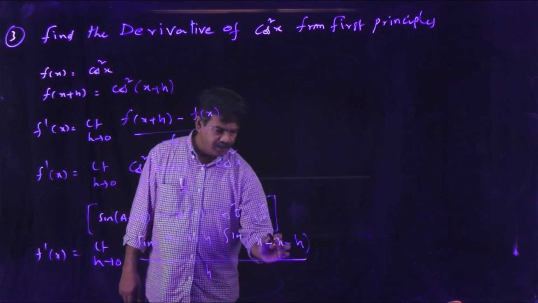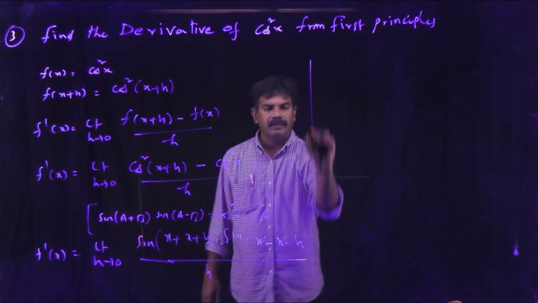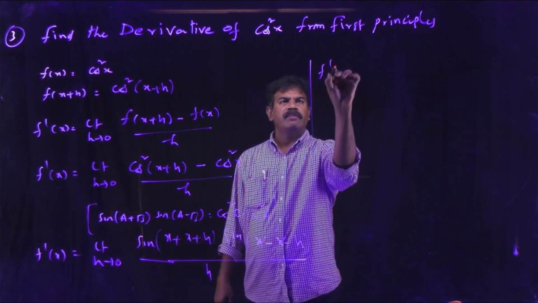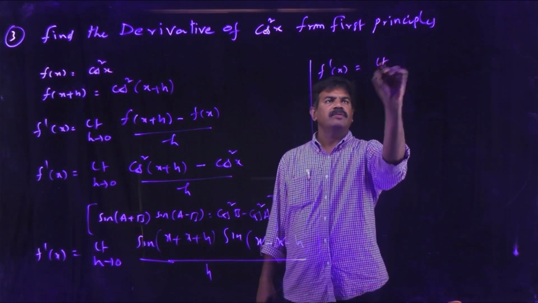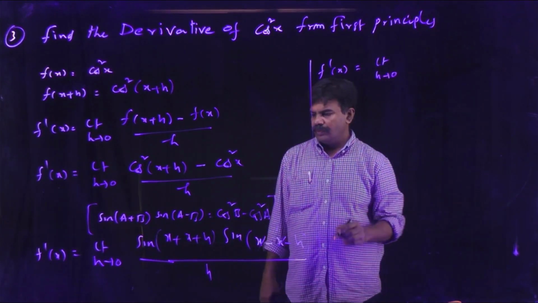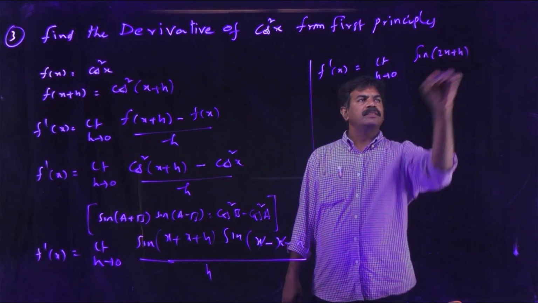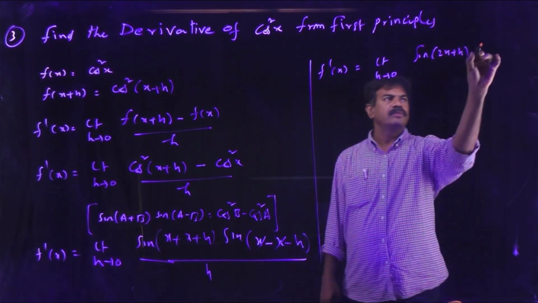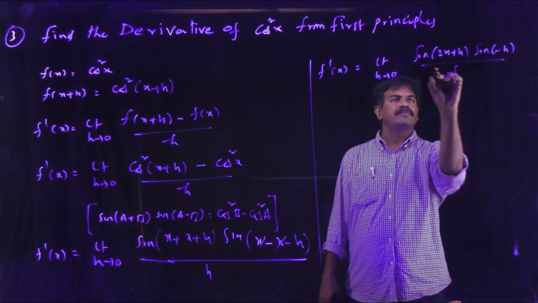So here x cancel, that is f dash x is equal to limit h tends to 0 sin of 2x plus h into sin of minus h by h.